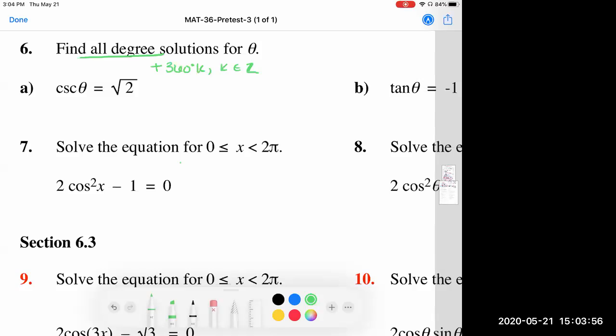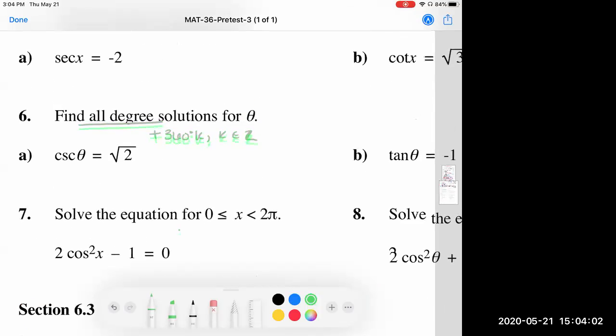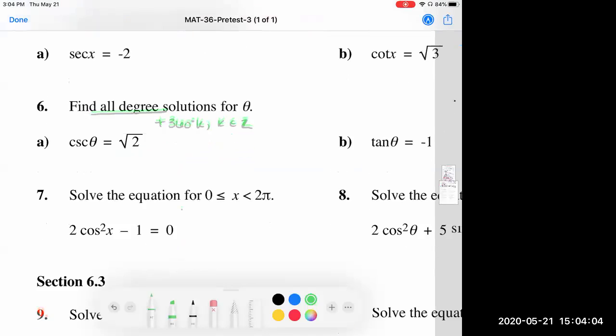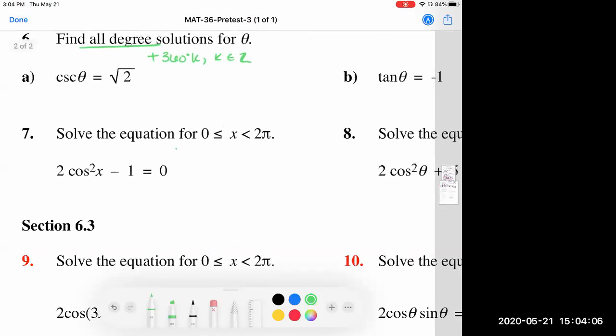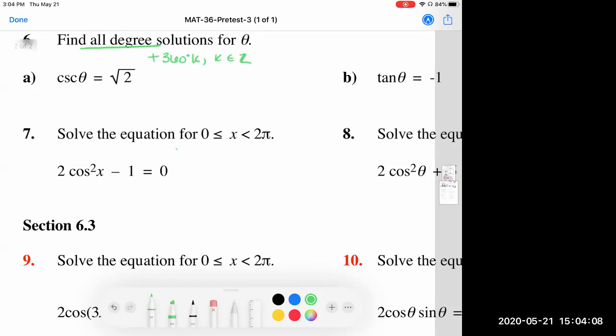So cosecant equals square root of 2. All right, so cosecant is square root of 2 at 45 degrees. Right.